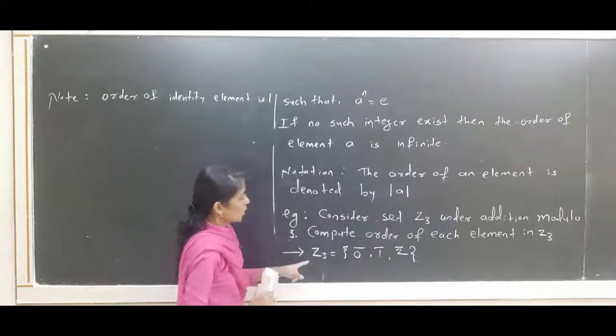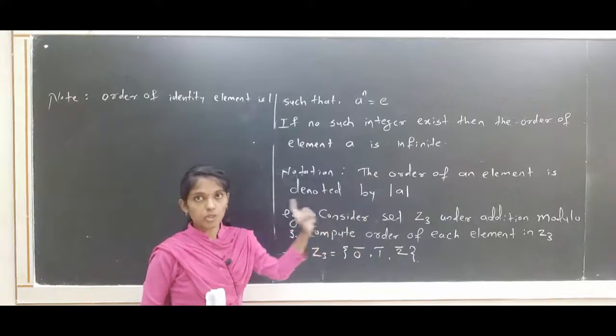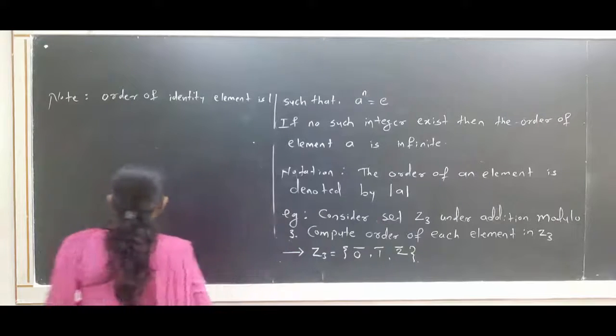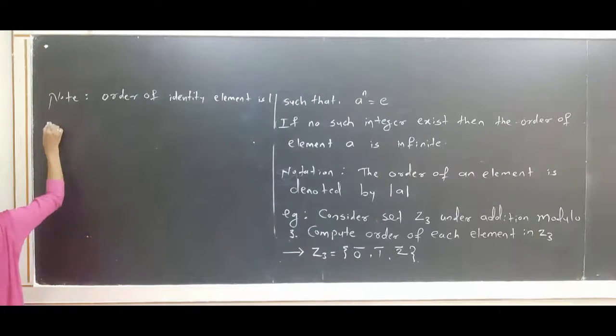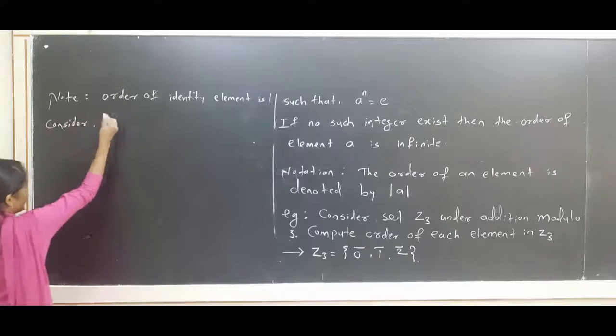Here the binary operation is addition, so under addition the identity element is 0, right? So first we consider the element 0 bar.